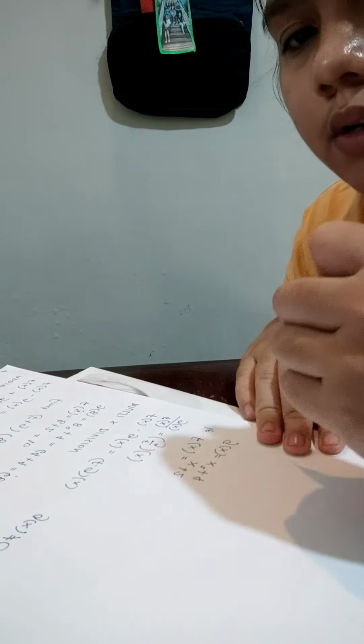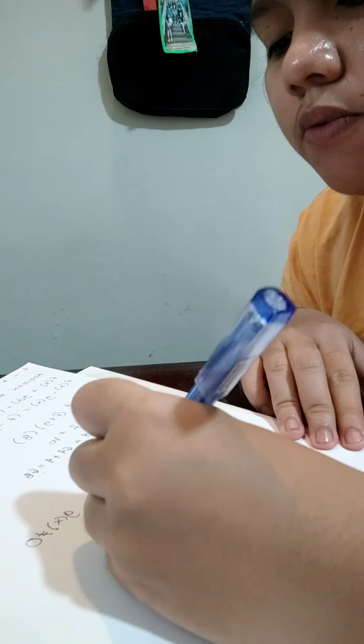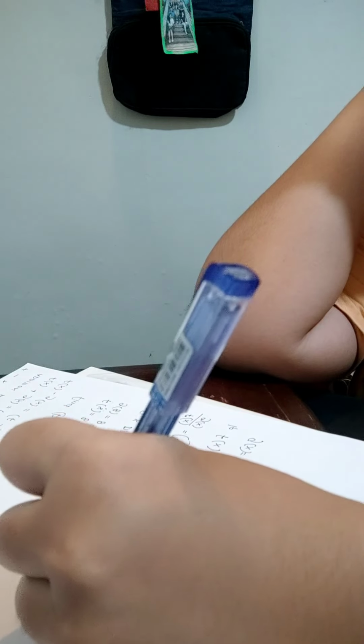So, we need to find (f times g) of 8. It is the same as earlier in addition and subtraction.